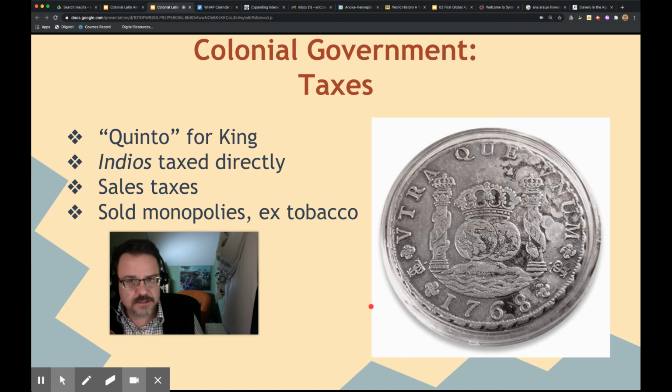But like the English, the Spanish and Portuguese colonists wanted to extract revenue from the colonies in order to make it worthwhile. So colonial Latin America refers to Spanish and Portuguese colonies in the Americas that created a mix of European, African, and Native American cultures.